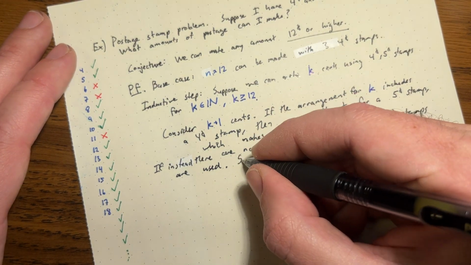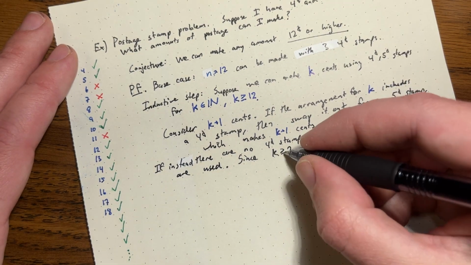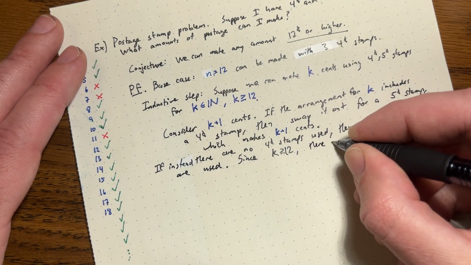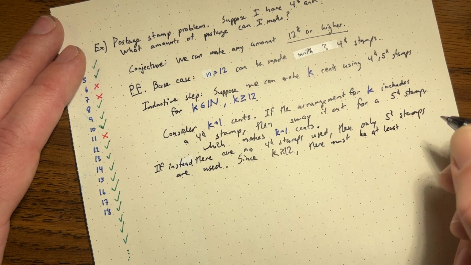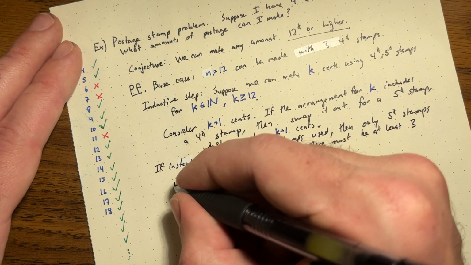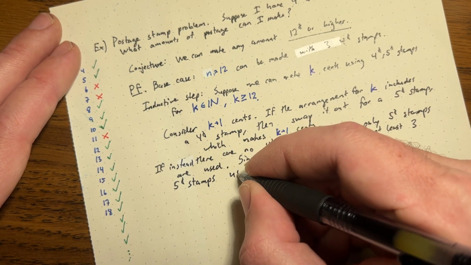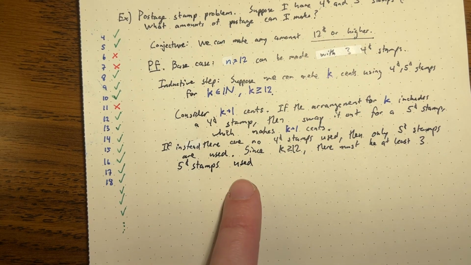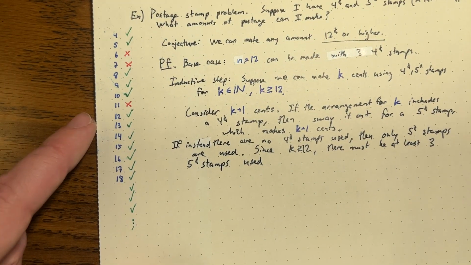And then since k is at least 12, there must be at least 3 5-cent stamps used. See where I'm going with this? There must be at least 3 5-cent stamps used, right? Because otherwise we'd be at either 10 or 5, which are both less than 12.